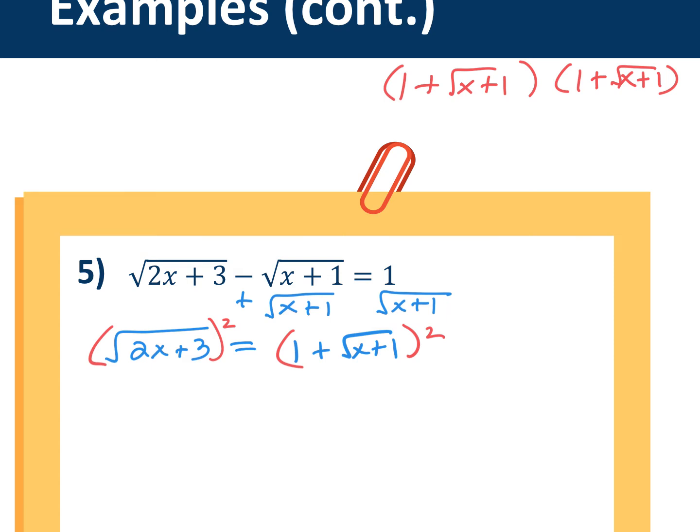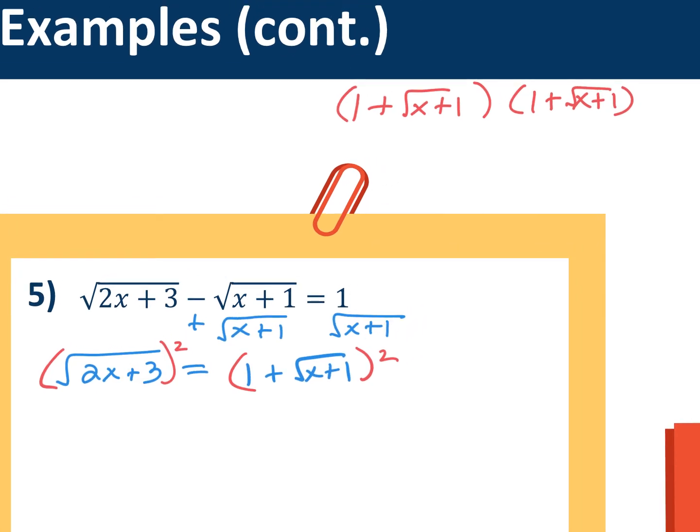So I'm FOILing. So when I FOIL this, 1 times 1 is 1. And then plus 1 square root of x plus 1 plus 1 square root of x plus 1 plus, and then anytime you multiply a radical by itself, the radical just disappears. So now I can combine the middles.